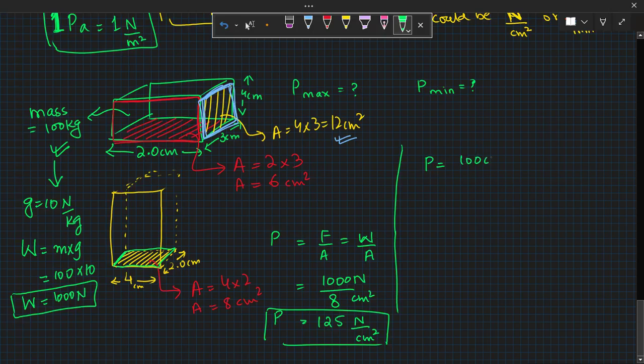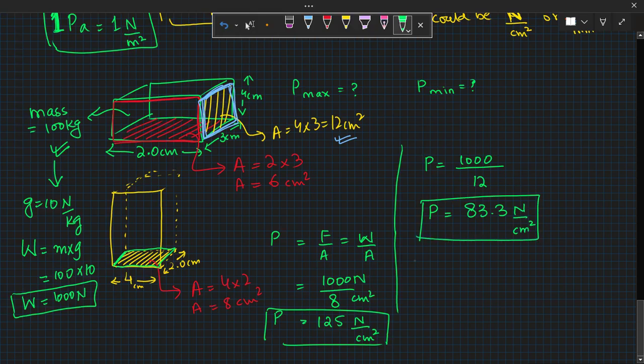Weight is going to be the same, divided by 3 times 4, which is 12. So you divide 1000 by 12. What answer are you getting? 83.3 Newton per centimeter square.